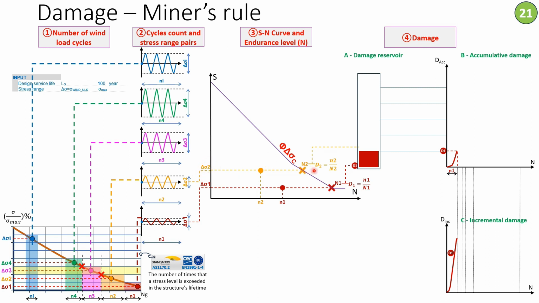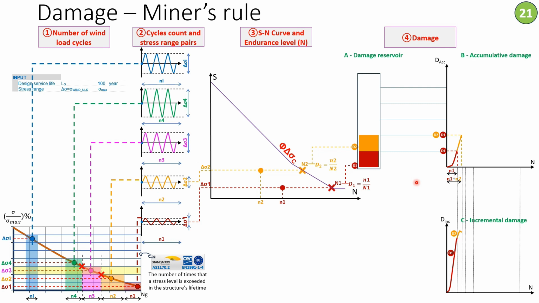From there, Miner's rule applies. Damage equals the number of cycles for delta sigma 2 divided by the maximum number to failure under delta sigma 2. And then we accumulate the damage in the damage reservoir, and we plot the cumulative damage, which is D1 plus D2 for a number of cycles equal to n1 plus n2. And then we plot the incremental damage.